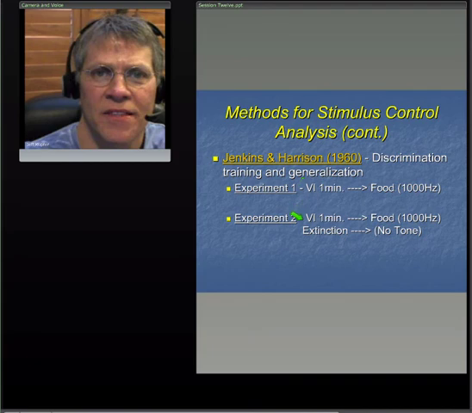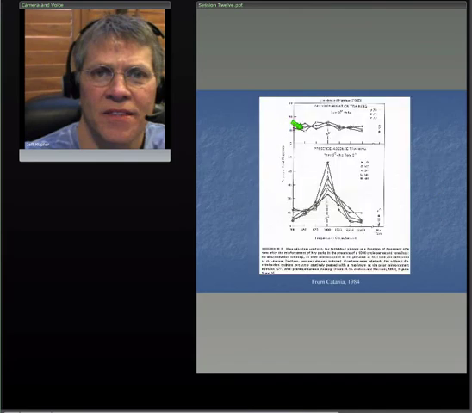One other thing before I close on this. We might look at this and say the pigeon is making a discrimination here, and up here the pigeon is not discriminating anything. Or I should actually say rats. We're talking about rats here. Down here the rat is discriminating 1,000 hertz.